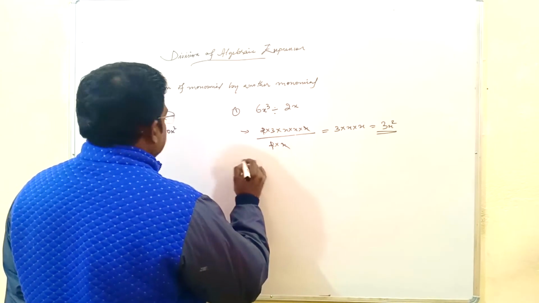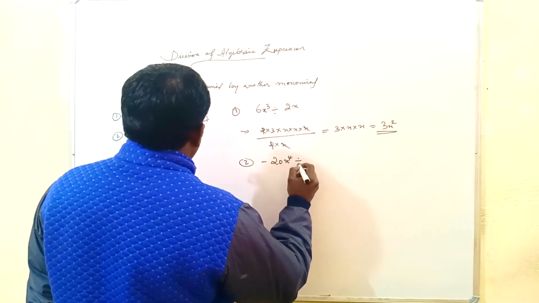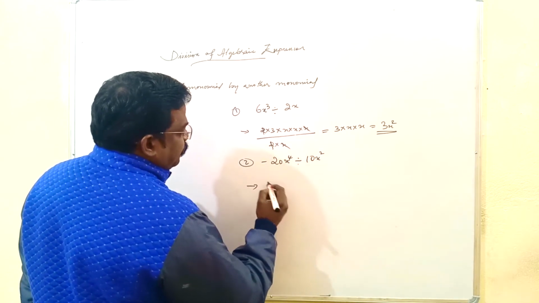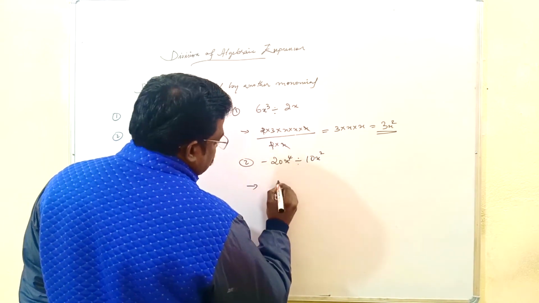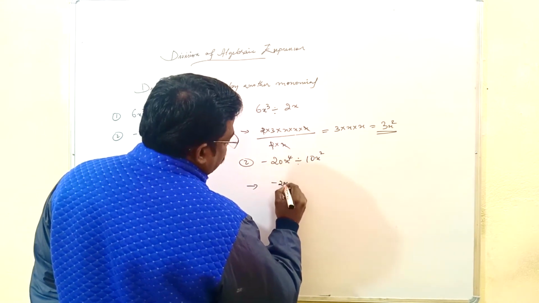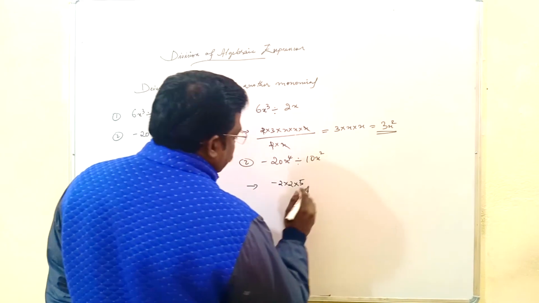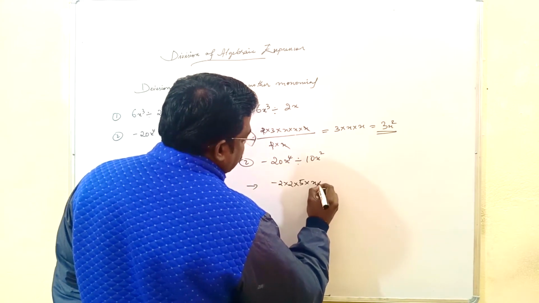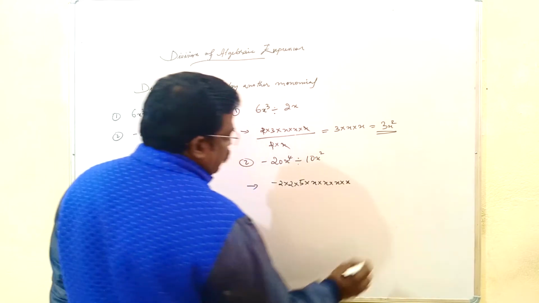Okay, the second question is minus 20x raised to 4 divided by 10x square. Here also, how can we factorize 20? Minus 2 into 2 into 5. 2 twos are 4, into 5 is 20, into x into x into x into x, that is x raised to 4.